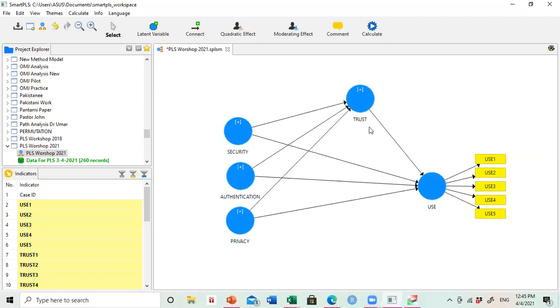What it is saying is that if a customer wants to use a mobile banking software, he looks at the security. Then the security will lead to trust. Then trust leads him to use. Does that make sense? Yes.